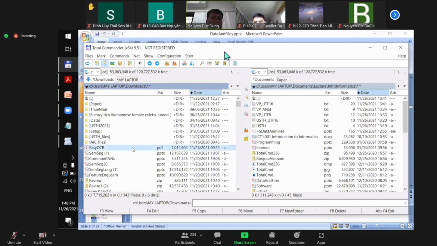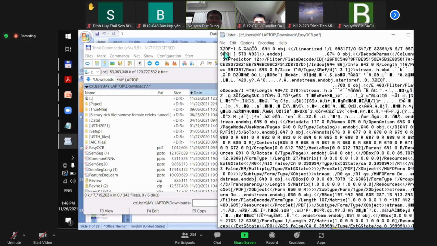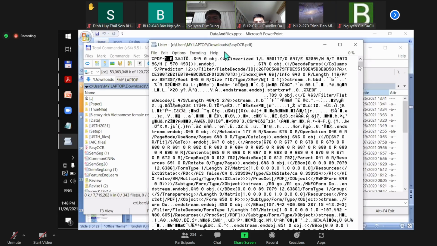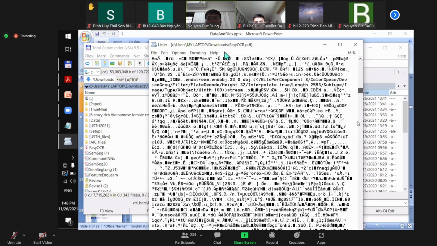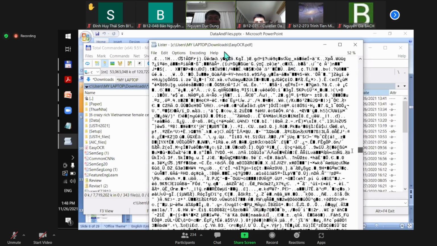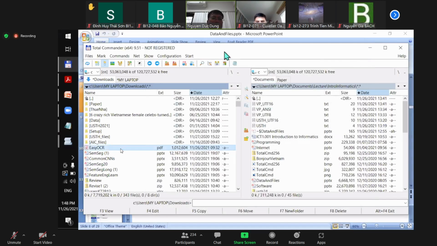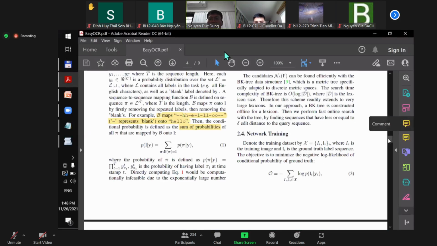And for PDF files, for example, every PDF file has this signature. You could see the percent mark, and next is PDF, and the next one is the version of the PDF file. And inside, there is a lot of information and also the content of the documents. We could open this PDF file here.